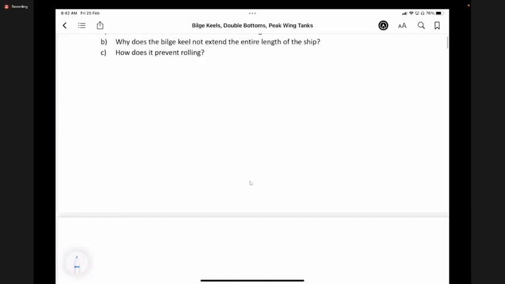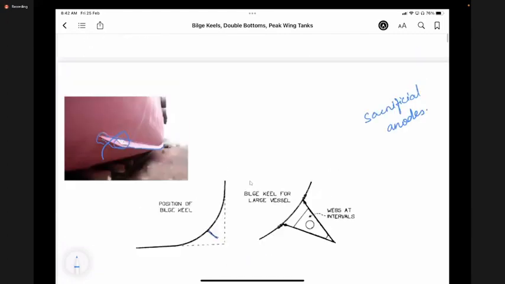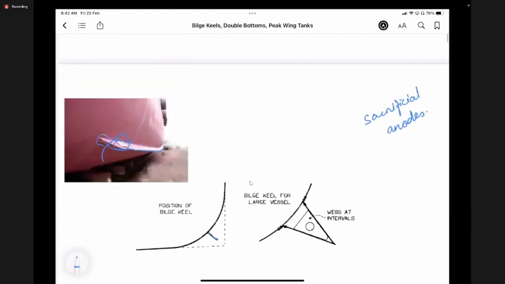Here one did not know why it's not over the entire length of the ship. If we see the plan view of a ship, the ship is like this. The bow side, this much distance, wherever the shape changes, is called the entrance.